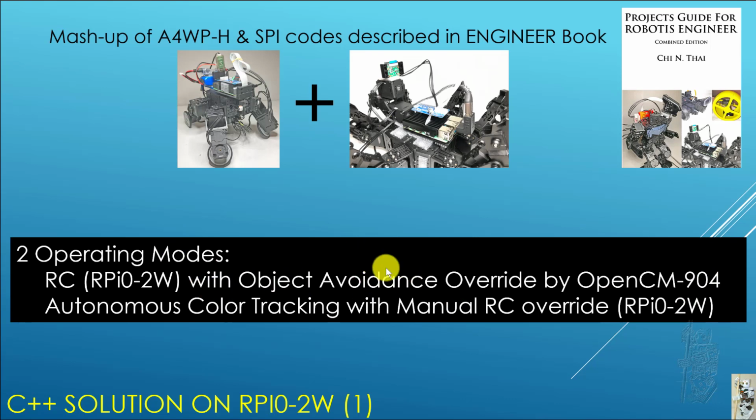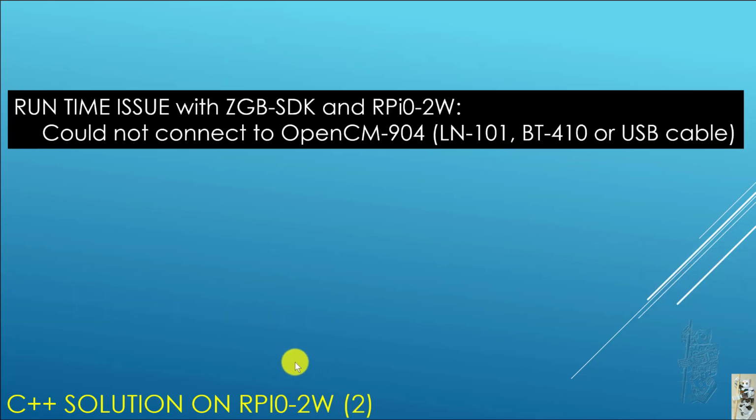The second mode is autonomous color tracking, but you can also use manual remote control override. This mode is completely performed by the RPi0-2W. So I created a solution, everything compiled okay, and it was time to check the runtime. Unfortunately, I found there's something wrong.